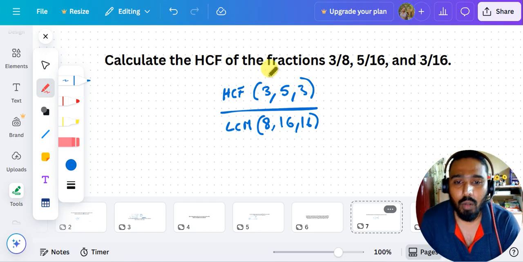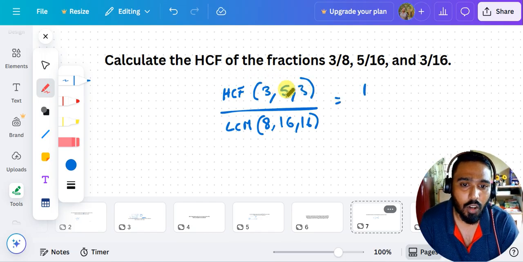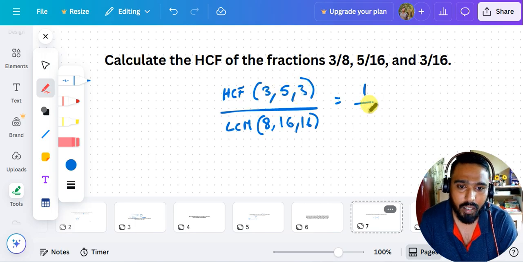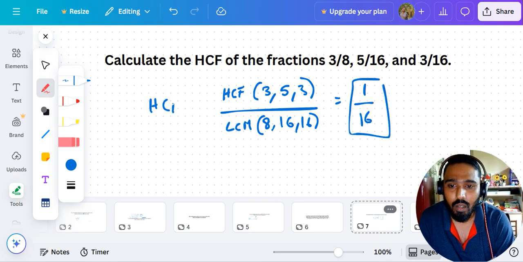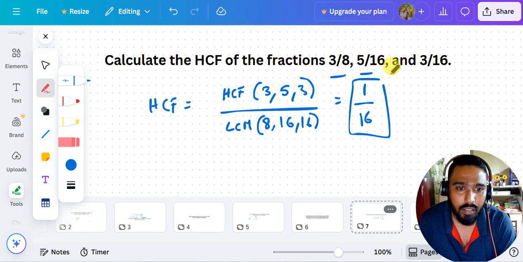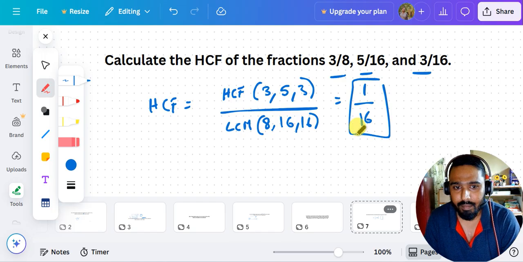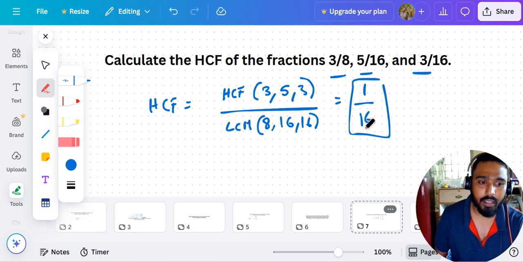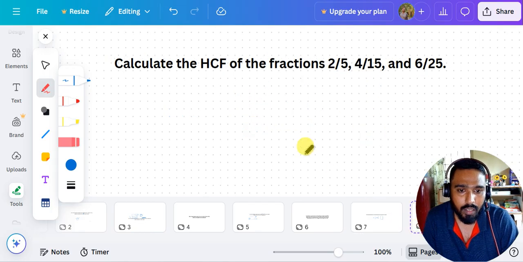Okay, so HCF of numerators will be 1 only, क्योंकि there is nothing common in these 3. And LCM will be 16. So the HCF of all these 3 fractions will be equal to 1 divided by 16. I hope everybody understood this one.